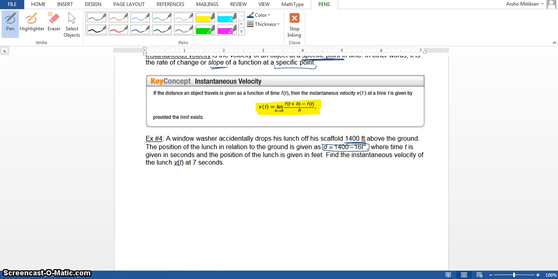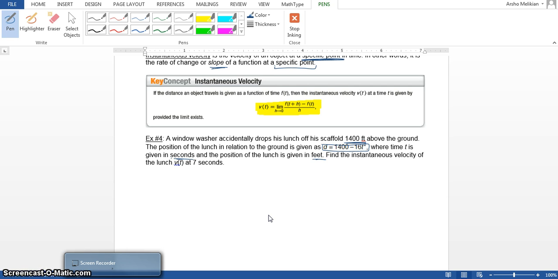How come in both problems we do minus 16 t squared? Is that a standard thing? Yeah, it's part of the problem when something is in free fall, whether it's going up or vertically going down. That's part of the equation. Is it like gravity? Is that why? It's related to that, yes. Okay. So time is given in seconds and the position is given in feet. Find the instantaneous velocity at 7 seconds.